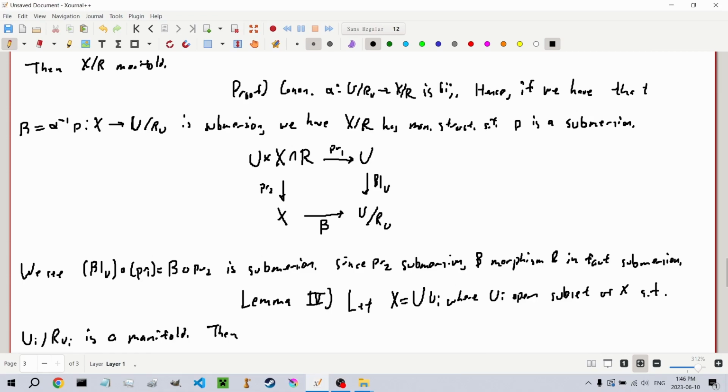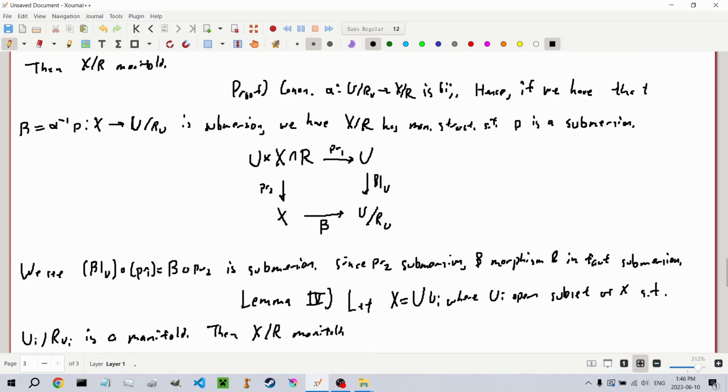Then X over R is a manifold. Okay. They don't even list a proof for this one. I think it's more immediate from our previous results.